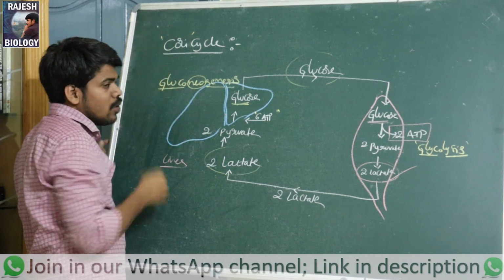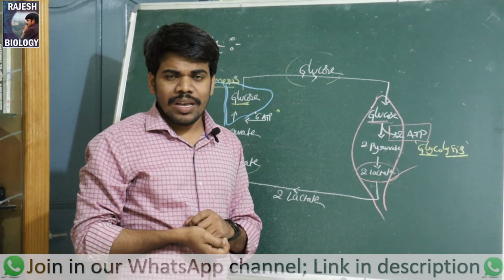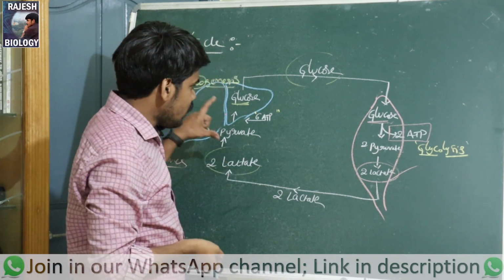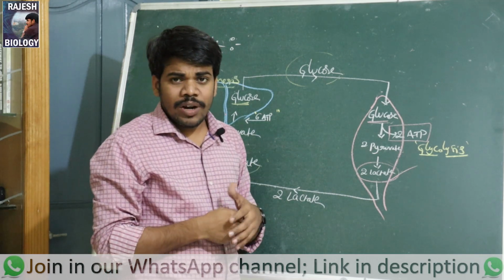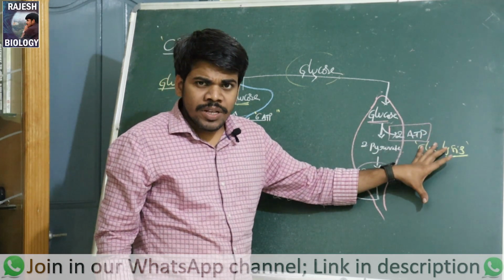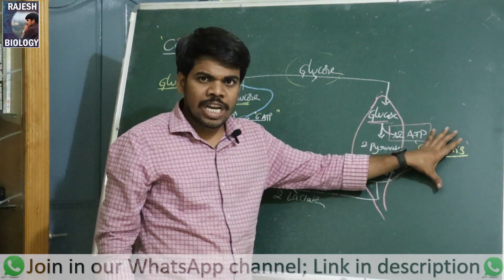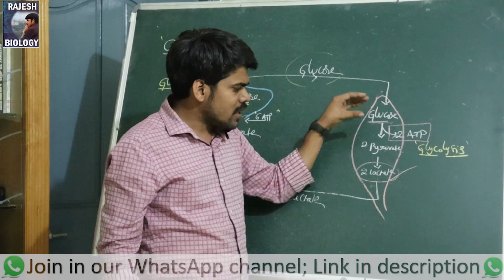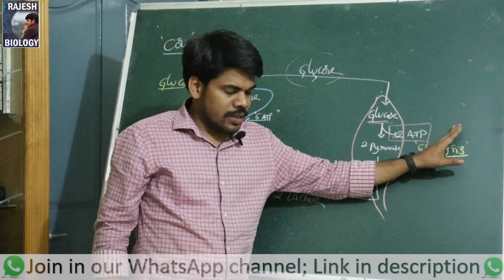This cycle is called what? Cori cycle. Based on the scientist's name, it is known as the Cori cycle. Is this clear? Let us revise what happened. Muscle undergoes contractions in the absence of oxygen. That is called anaerobic respiration. During anaerobic respiration, glucose is converted into lactic acid, producing 2 ATP molecules.